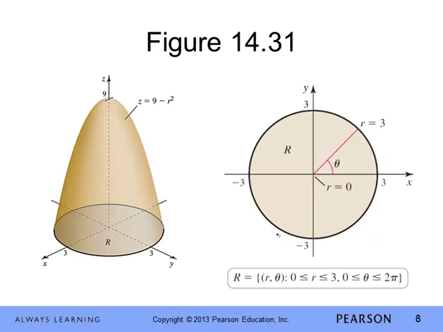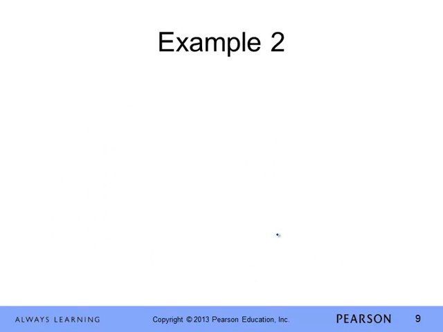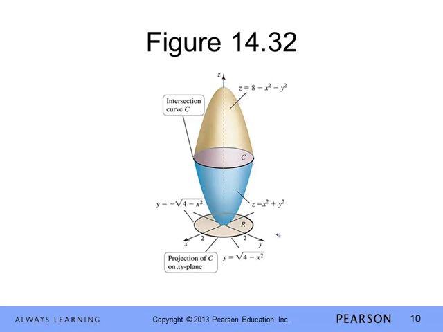All right, let's move on to our next example, number 2. Region bounded by two surfaces. Find the volume of the region bounded by the paraboloid z equals x squared plus y squared, and z equals 8 minus x squared minus y squared. So let's go ahead and take a look at those two surfaces. And we need to find the volume encased between these two surfaces.